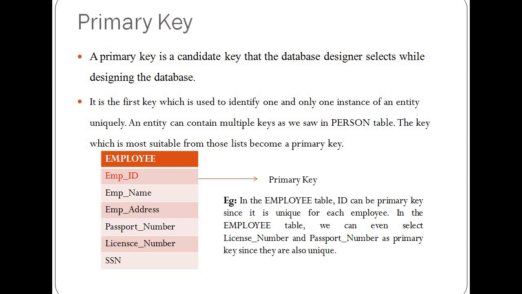It is the first key which is used to identify one and only one instance of an entity uniquely. An entity can contain multiple keys, as we saw in the person table. The key which is most suitable from the list becomes the primary key. This is an example given here.